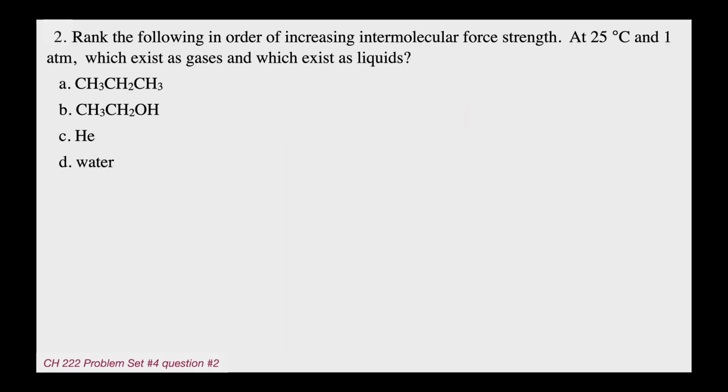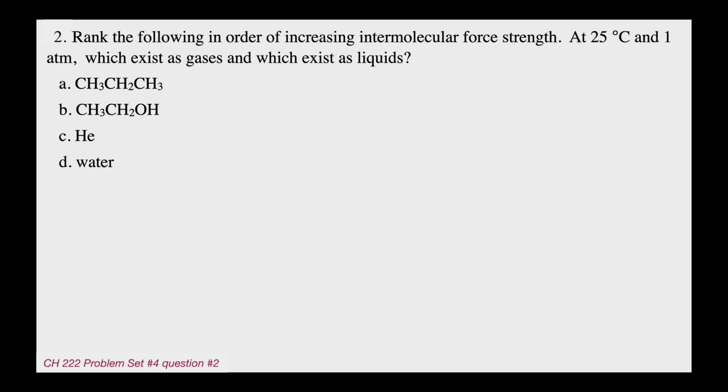Rank the following in order of increasing intermolecular force strength, and at 25 degrees Celsius and 1 atmosphere, which exists as gases and which as liquids. Okay, there's a couple ways to do this problem. But one way to do it would be to go through and find the intermolecular forces on each one of these substances.